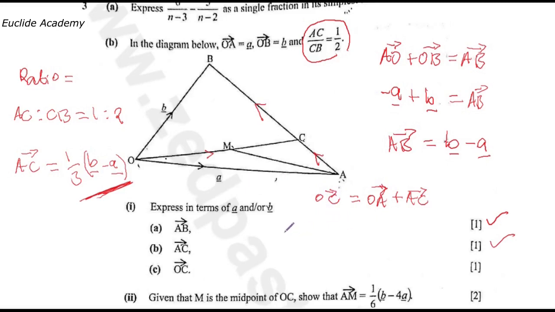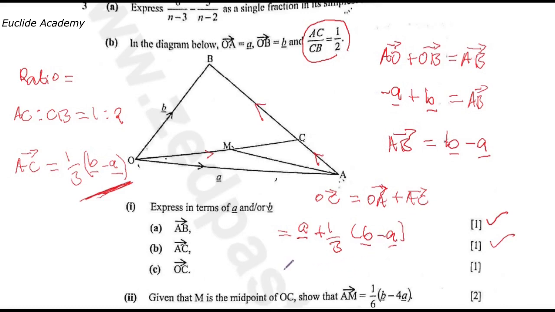So what is OC? OC will be equal to the vector OA, or A underline, plus the vector AC. AC, what is it? It's this one here, which is 1/3 multiplied by B underline minus A underline.